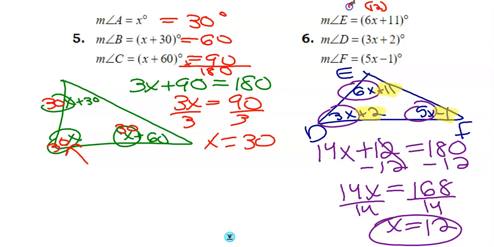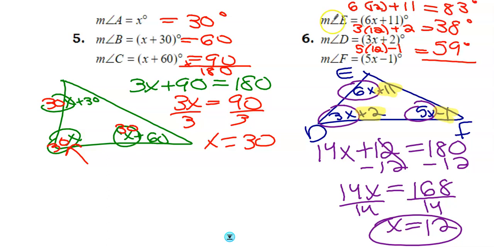So I have to multiply it. So I have 6 times 12 plus 11, 3 times 12 plus 2, 5 times 12 minus 1. I want you guys to try each of those in the calculator and practice and see what you get. So angle E is 83, angle D is 38, and angle F is 59 degrees. Again, you have to check that these three add up to 180 degrees.